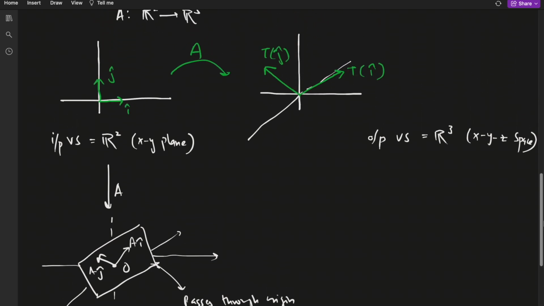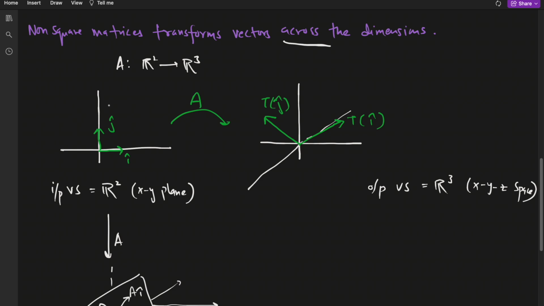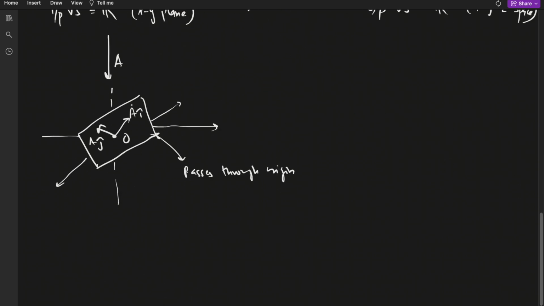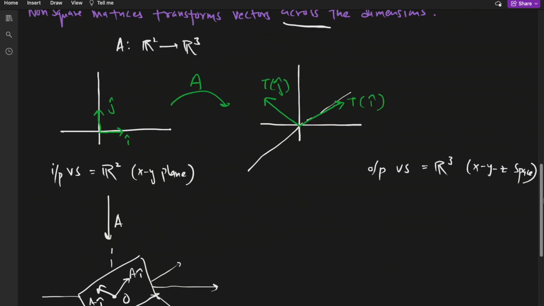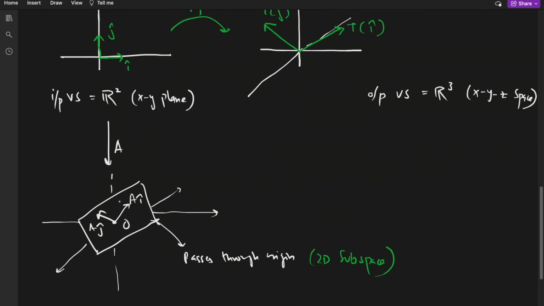So if you see, before transformation it was also a 2D plane. This is the XY plane, it's a 2D plane. After transformation also it is a 2D plane, passing through the origin, a 2D subspace, right? So what is the difference then? The difference is now it's a 2D subspace within the 3D output vector space.